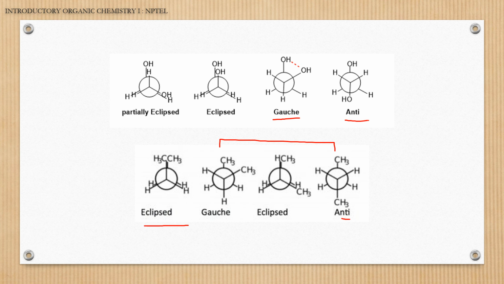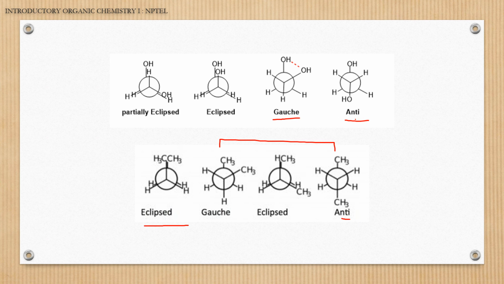Yeah, due to hydrogen bonding. So you have to have an idea what the substituents are that are located in the Gauss and anti conformations. Is there any other bonding which is responsible for the stability? Here the hydrogen bonding is playing a role. So that is why the Gauss conformation is more stable in this case than the anti conformation.